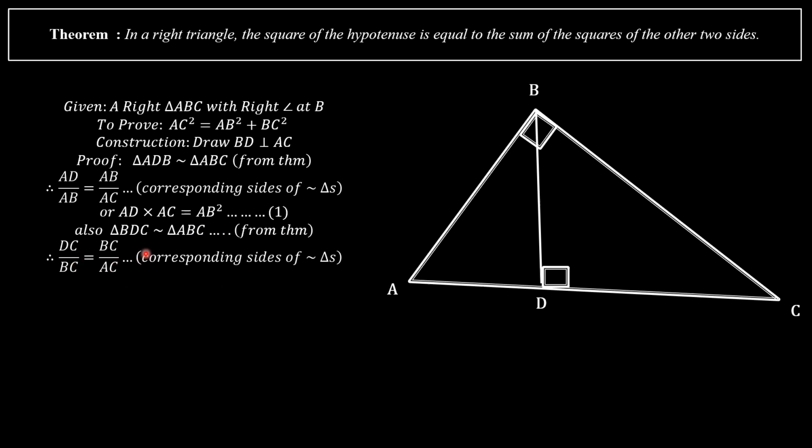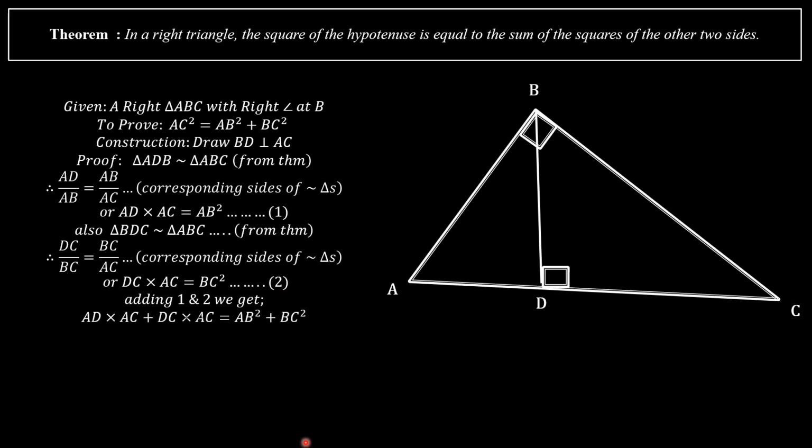So DC upon BC is equal to BC upon AC. This will give us DC into AC is equal to BC square. Let this be our equation number 2. Now add equation number 1 and 2.